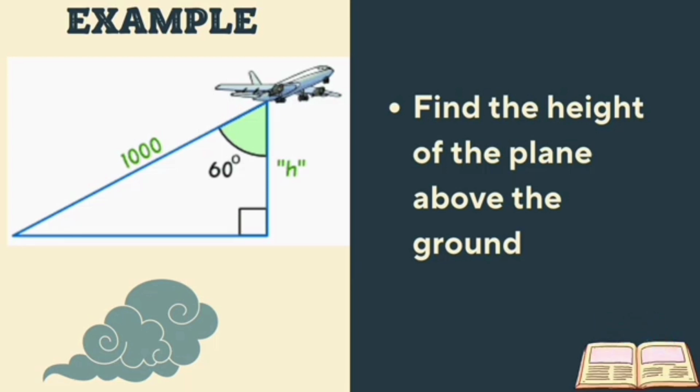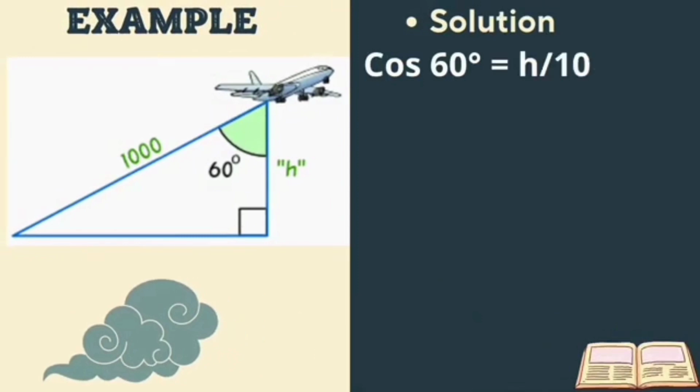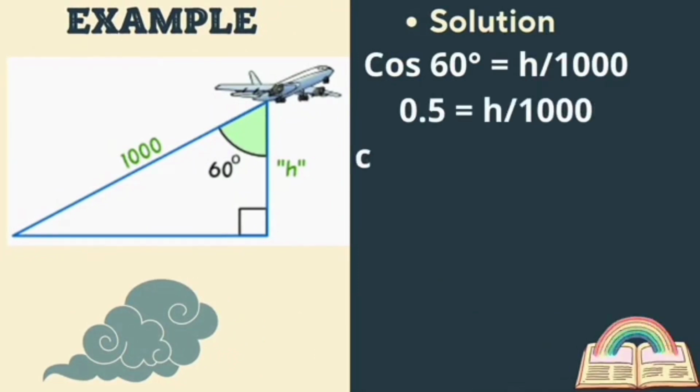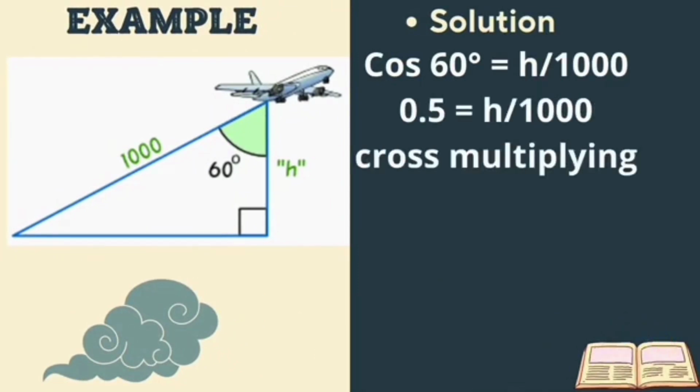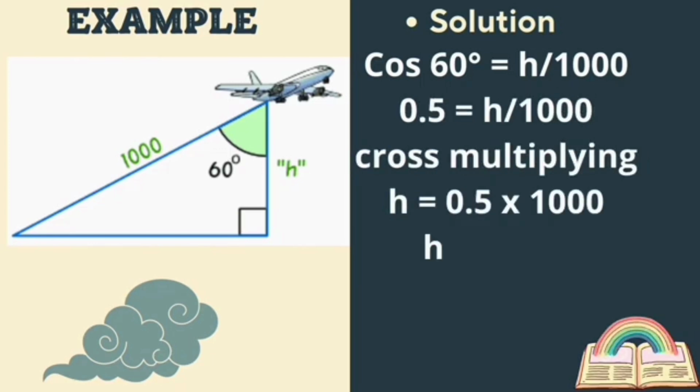Do we need sine or cosine or tangent to solve for h? The solution requires the use of cosine because cosine of an angle connects the adjacent side h and the hypotenuse side 1000. Cosine 60 degrees is 0.5. Cross multiplying, our height is 500 meters.